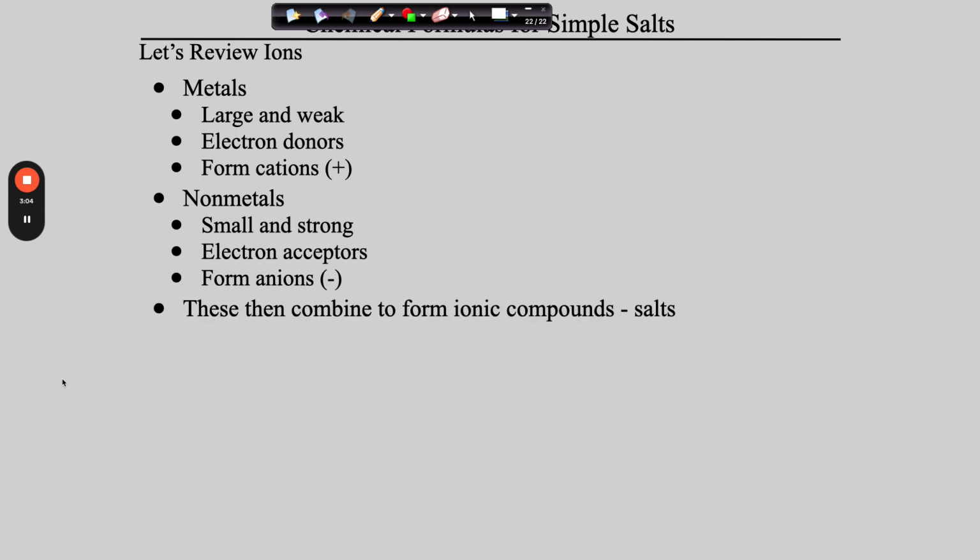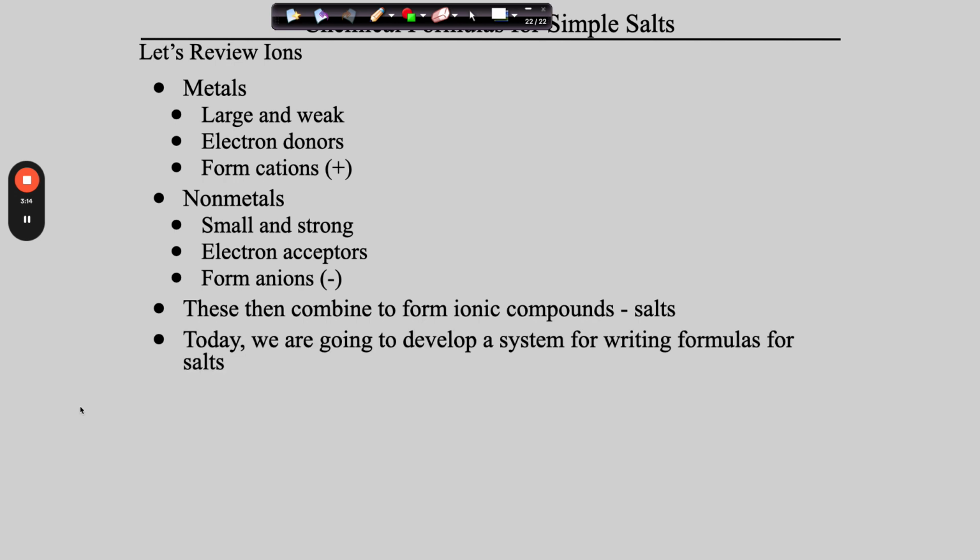Now, guys, these then combine, negative ion, positive ion, to form compounds with ionic bonds. We call those salts. Of course, today what we're going to do, given the title for your notes, is develop a system for writing the formulas for these salts, the chemical formulas.